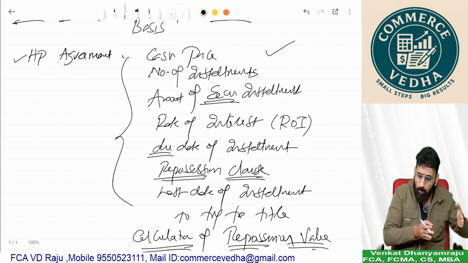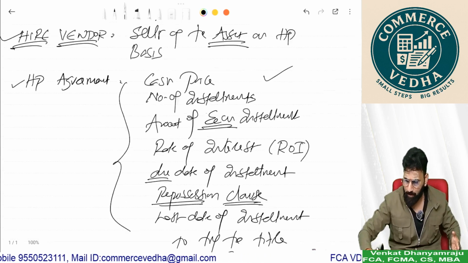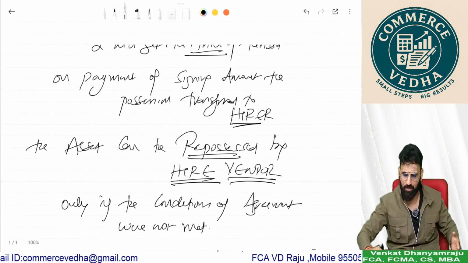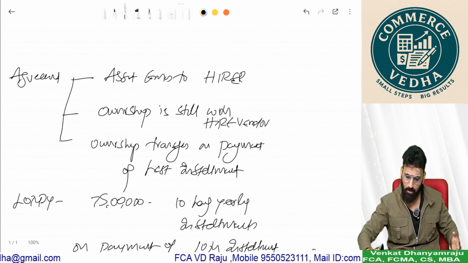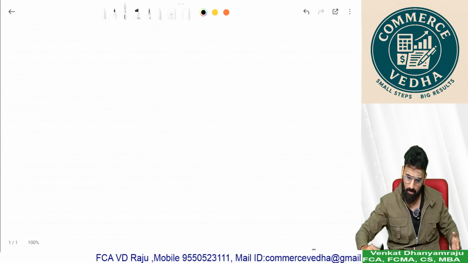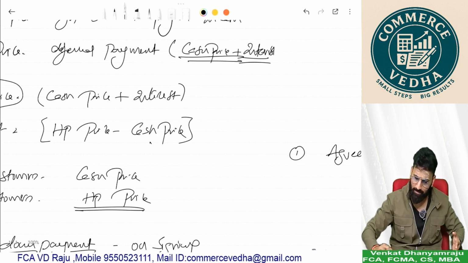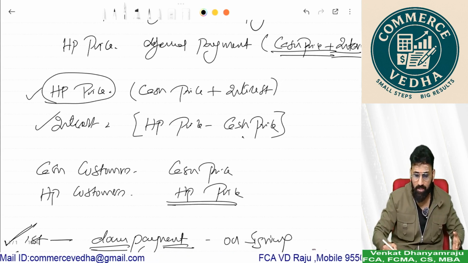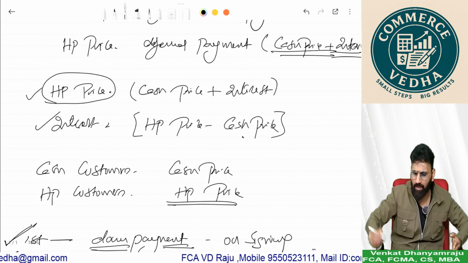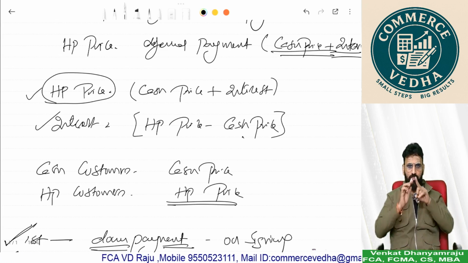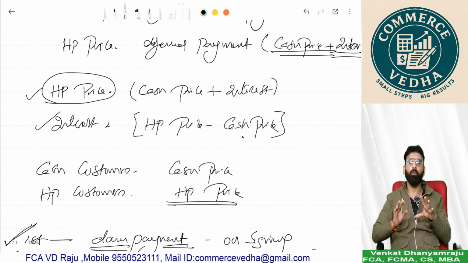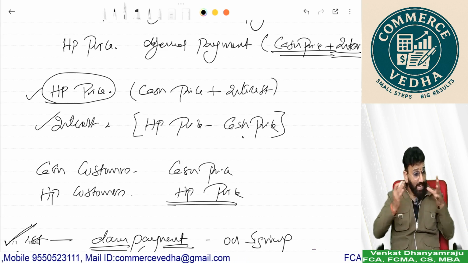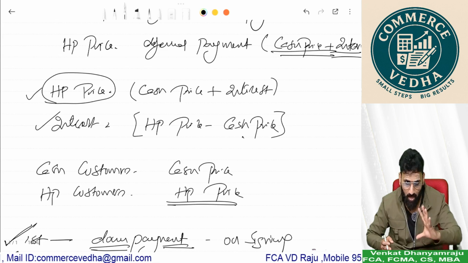Cash price plus interest. And what is interest? Hire purchase price minus cash price. So this is all the details about hire purchase accounting.